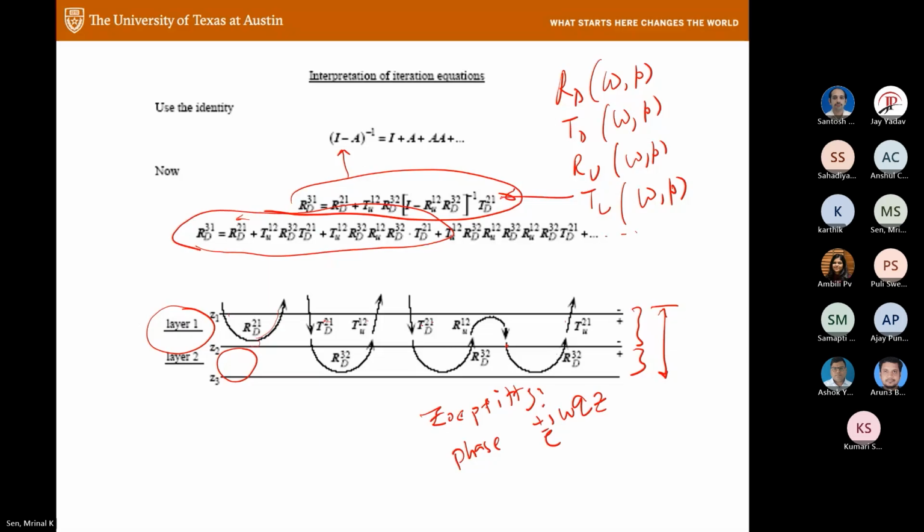Okay. And the whole response is built in using these reflection and transmission coefficients. They are parts of RDTD, RUTU. Okay. So if somebody wants to ignore all that theory of Kennett approach, all that the person needs to remember is that I need RDTD, RUTU and this equation. Okay. And then the transformation.